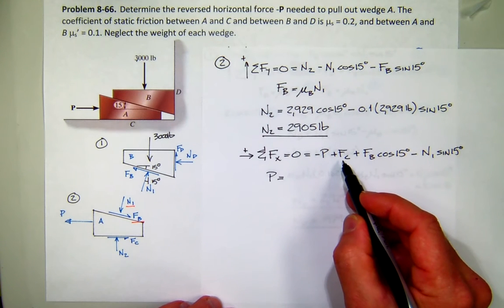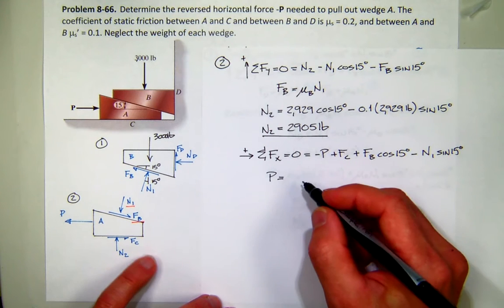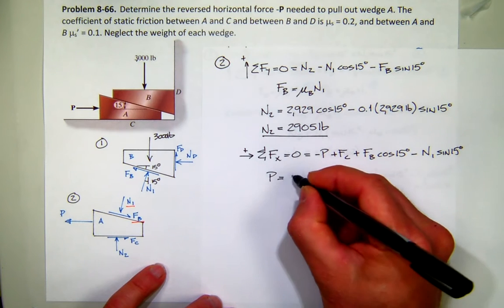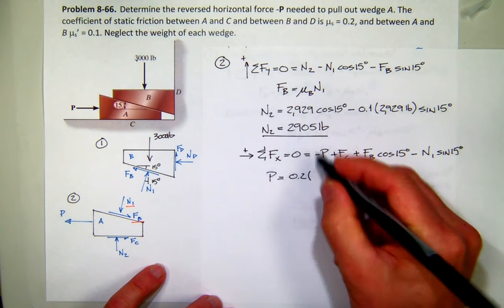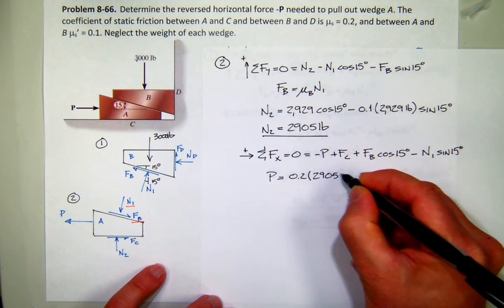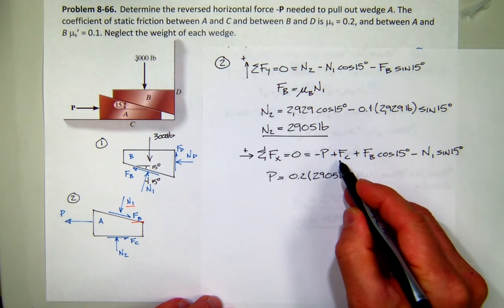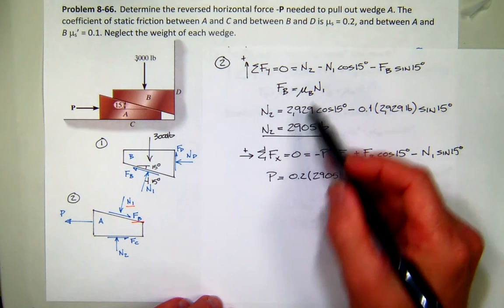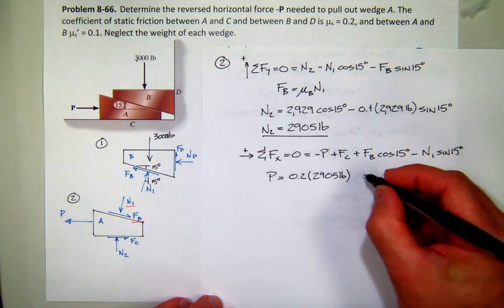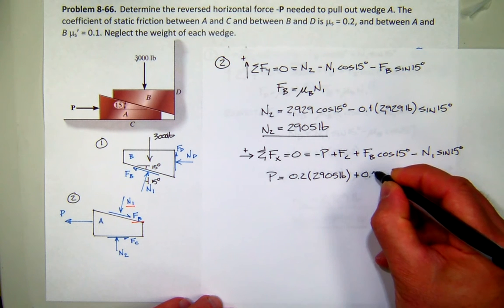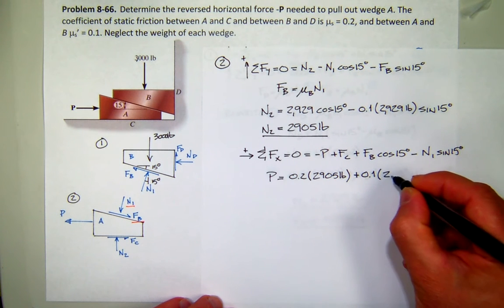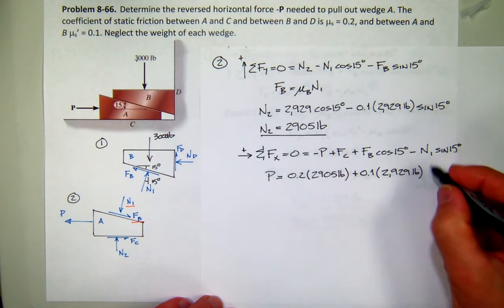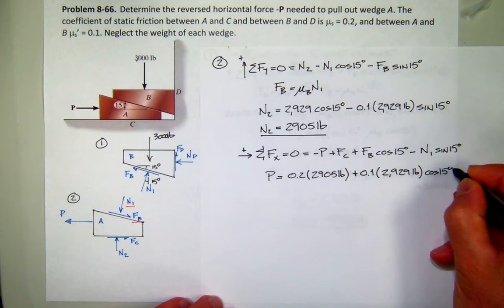So what's FC? FC will be mu at that point times N2, and mu at AC is 0.2 times 2,905. That's the friction force FC. The friction force at B is mu B N1, which is coefficient of friction of 0.1 times 2,929 pounds, and that's times the cosine of 15.